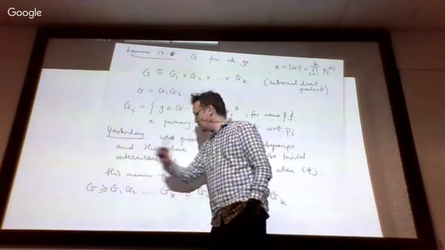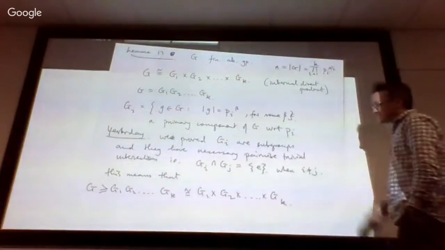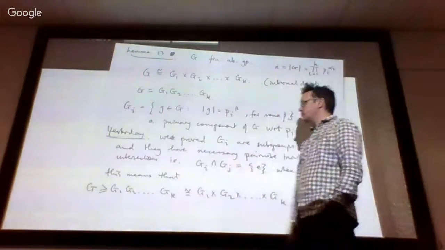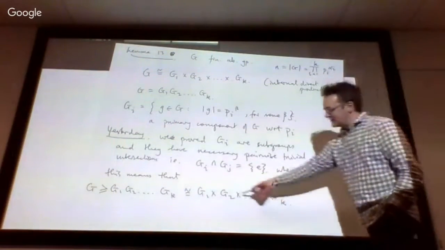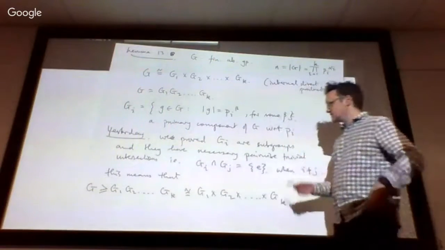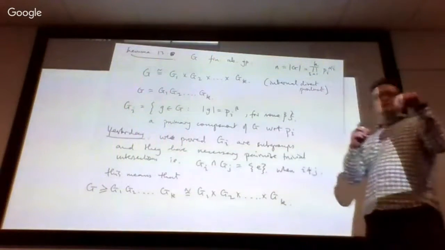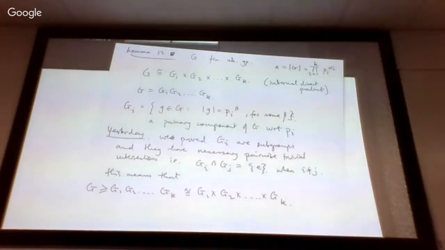This is isomorphic to their direct product, but it is formally a different structure because the direct product consists of vectors of length K, one component from each of the groups GI. So that's just what we proved yesterday.